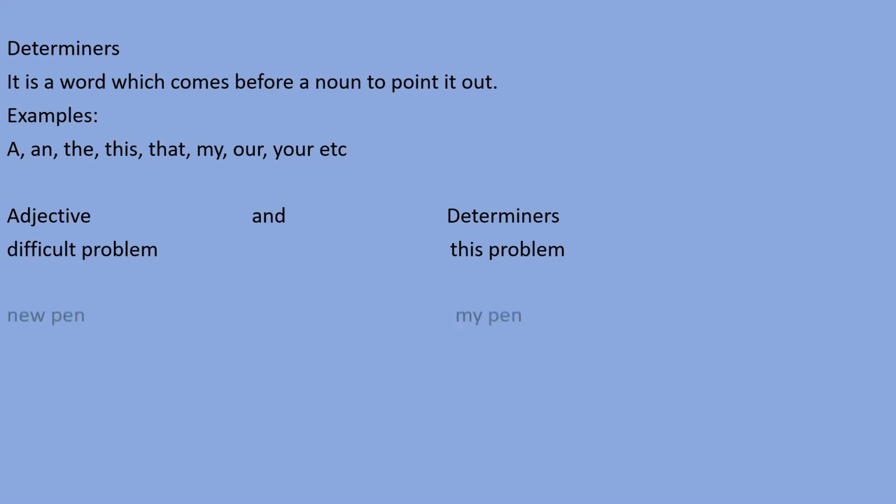Next point, if I say new pen and my pen, new is an adjective and my is a determiner. Why? Because by the word new we define which type of pen it is, and by the word my we point out which pen, my pen. So this is the basic difference between adjectives and determiners, right?